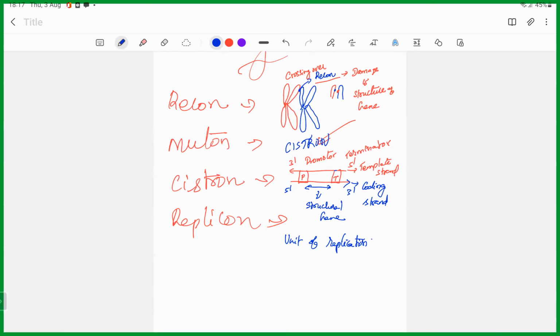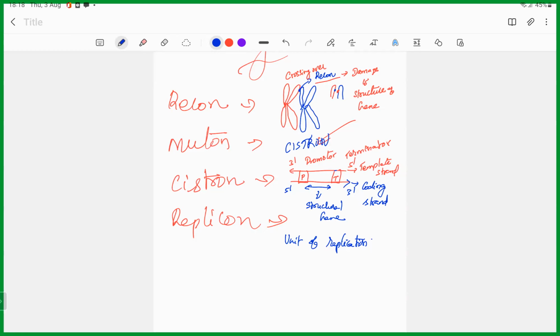Short lifespan, easy to cultivate, easily observable seven contrasting characters. Did you write short lifespan? Okay, that is first, short lifespan.